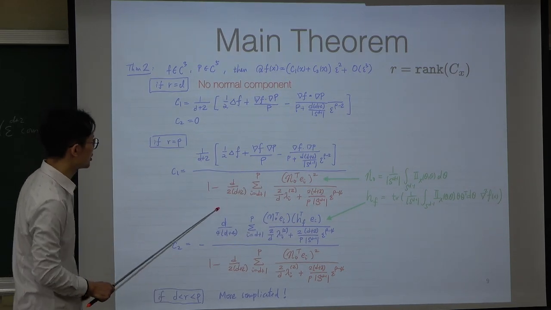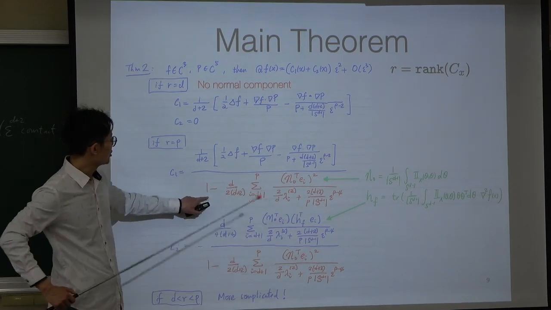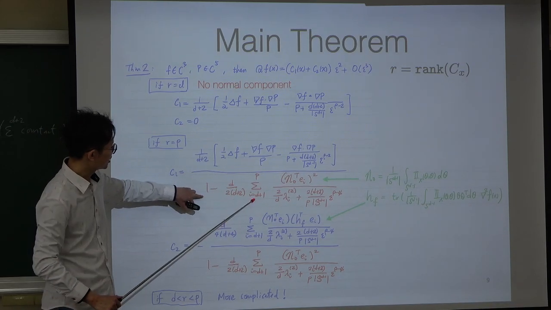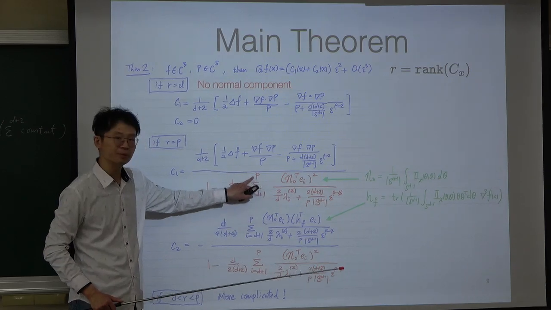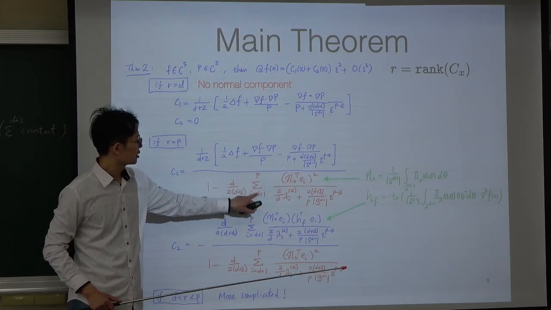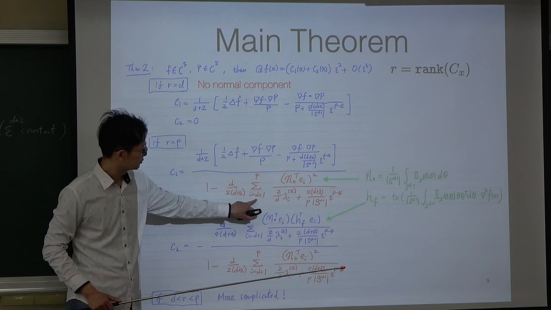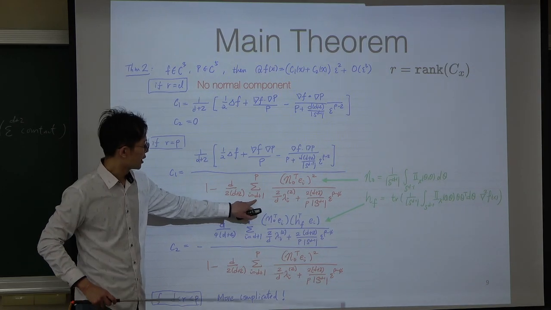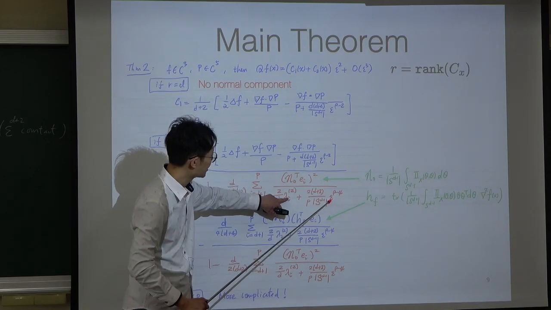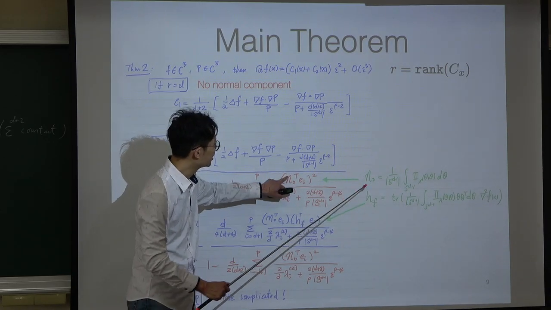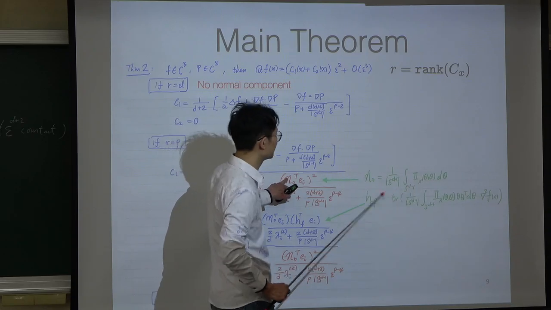And this normalization is actually very complicated. You have 1 minus something, and you take the summation from d plus 1 to p. That constitutes all the normal directions. And here it's lambda I squared, this is the correction term, epsilon rho minus 2, and N0 is actually the second fundamental form.